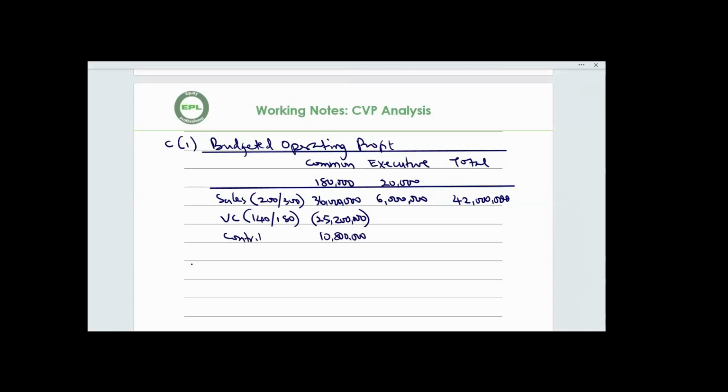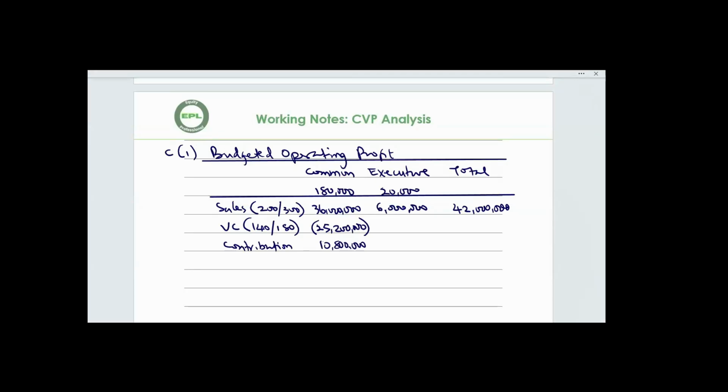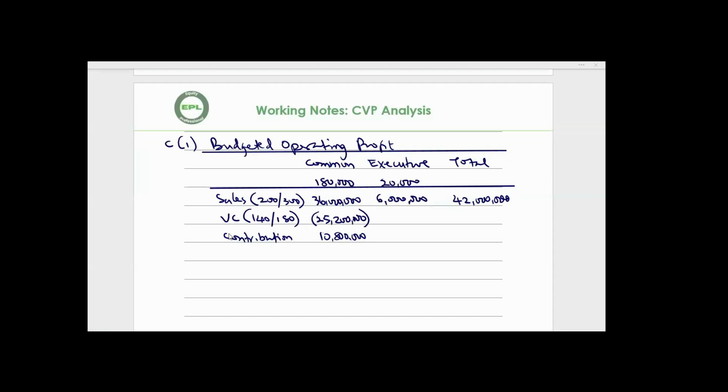Contribution. Then for executive, 180 multiplied by 20,000, 3,600,000. 6 million minus 3,600,000 will give us 2,400,000.